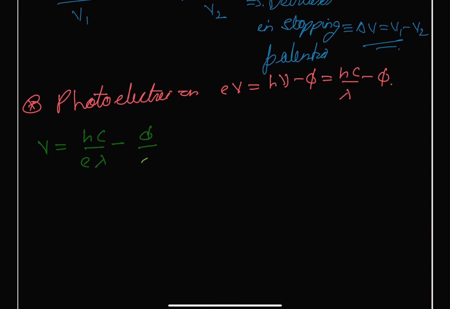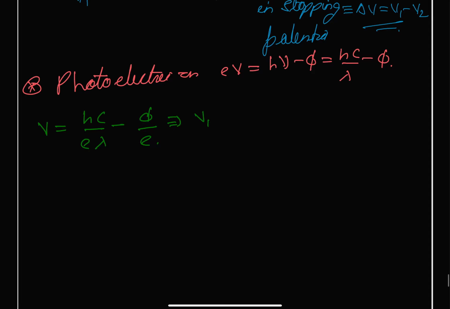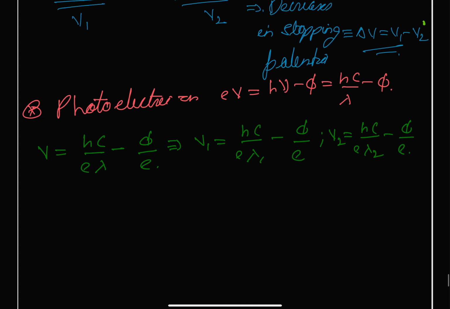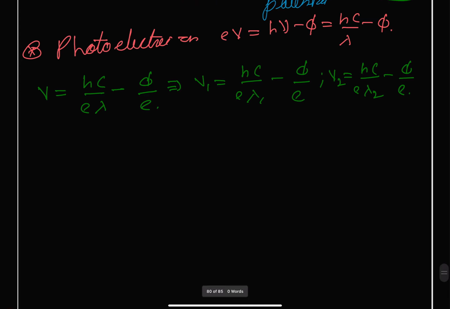First V1 will be equal to HC upon E lambda 1 minus phi upon E. Second is our V2, which we get as HC upon E lambda 2 minus phi upon E. And we have to find out their difference.